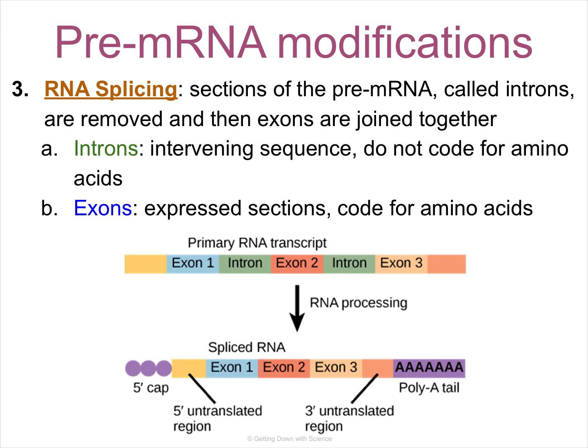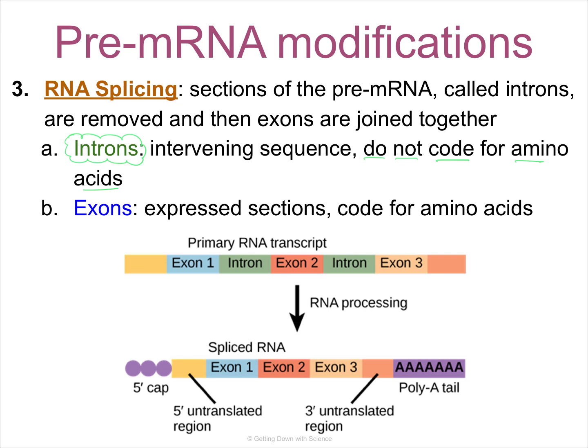Now, RNA splicing is something that is very interesting. We have sections of the pre-mRNA that we call introns. Those get removed, and then exons are joined together. So think of it like taking out the non-important information. Introns, it says intervening sequence, do not code for amino acids. So we don't actually really need them.